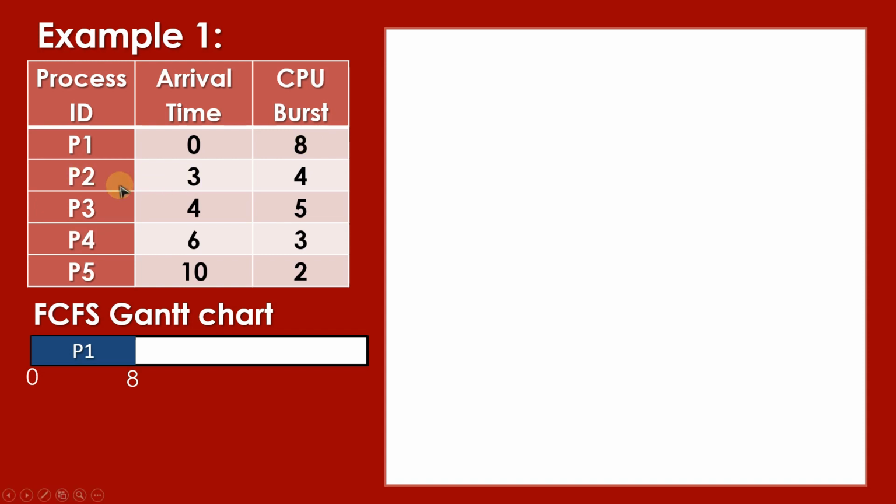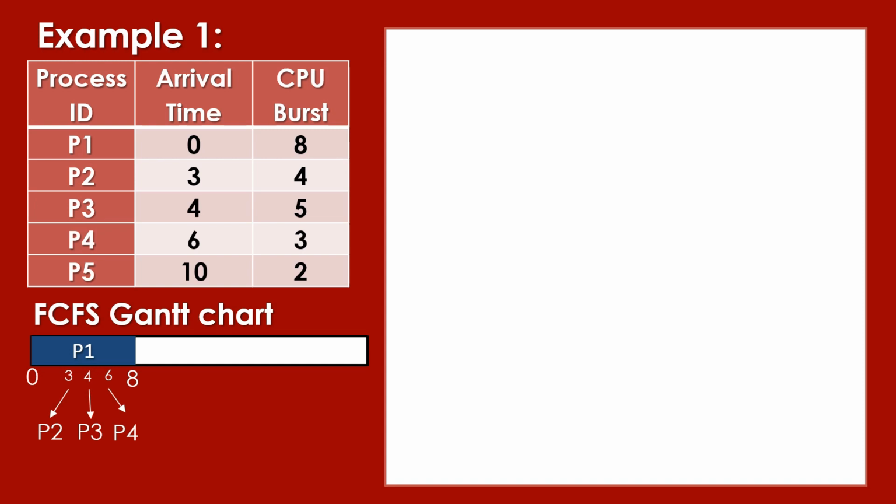So kung titingnan natin, at time 8, dumating na rin si P2, P3, and P4. Okay, so si P2 dumating nung 3. 3 minutes siguro on process si P1. The next, 4 minutes na napaprocess si P1, dumating din si P3, and dumating si P4 at time 6.